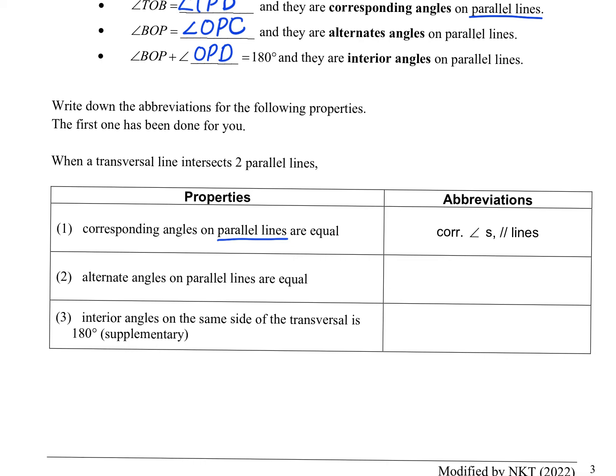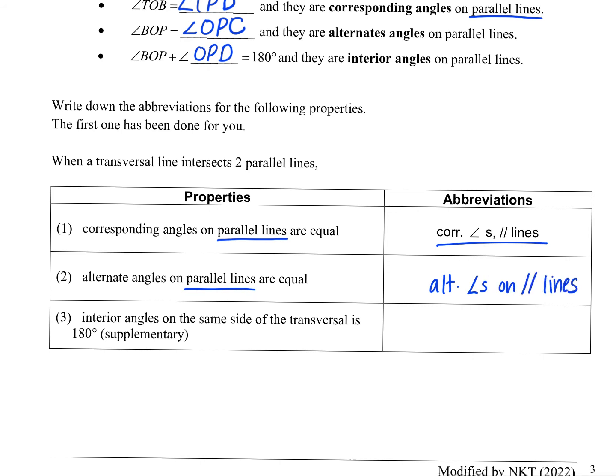The abbreviation is written as such over here: corresponding angles, parallel lines. The next one is that the alternate angles on parallel lines are equal. So it must be a pair of parallel lines, then the alternate angles will be equal to each other. So the abbreviation will be alternate angles, parallel lines.